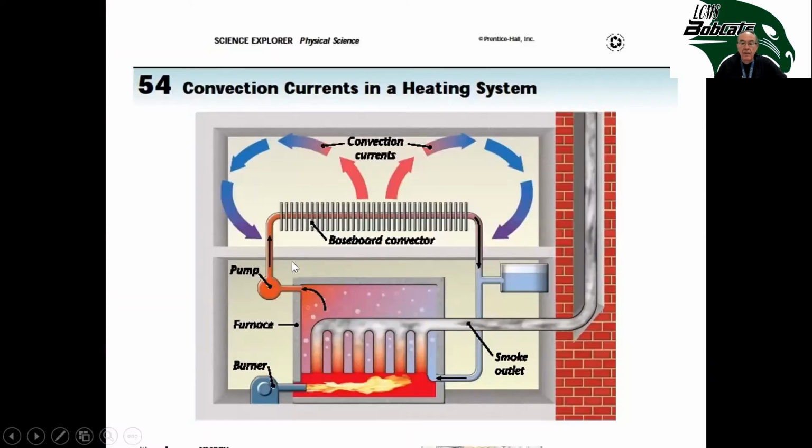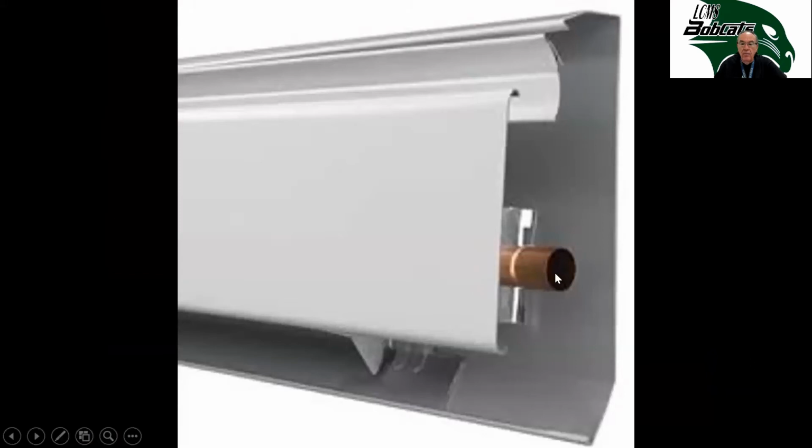Okay, this is what this thing that's along the baseboard looks like, with all these metal fins, where the air is. They're usually covered like this. You can see right here where my cursor is, that's where the pipe of the hot water comes up out of the floor, and then it runs through here. The metal gets hot, the convection current, the air rises up through this opening, and then it circulates around the room.